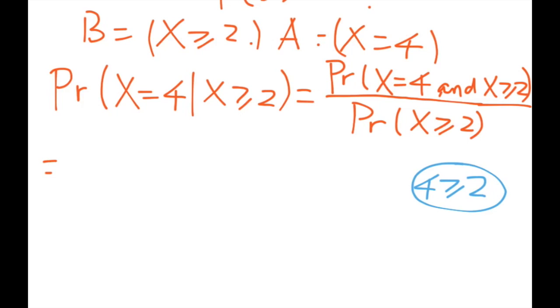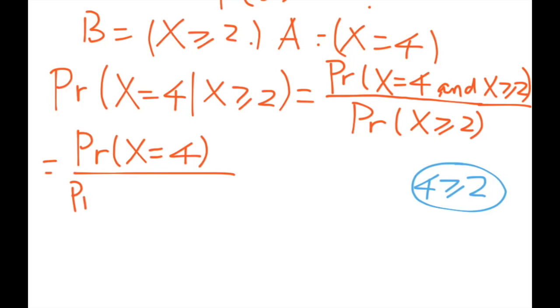And for the denominator, it is the probability when X is greater than or equal to 2. Just like what we did in the third part, it is equal to the probability of X equal to 2 plus the probability of X equal to 3 plus the probability of X equal to 4 plus the probability of X equal to 5.